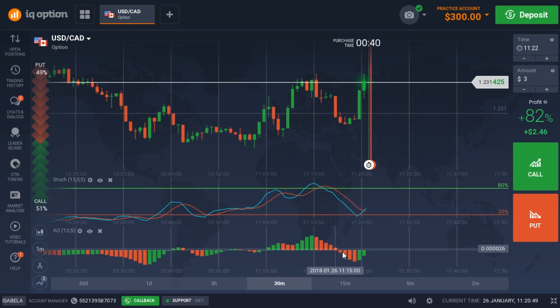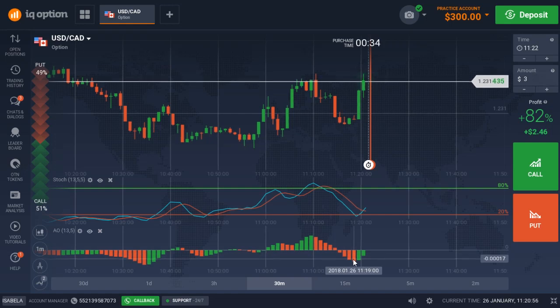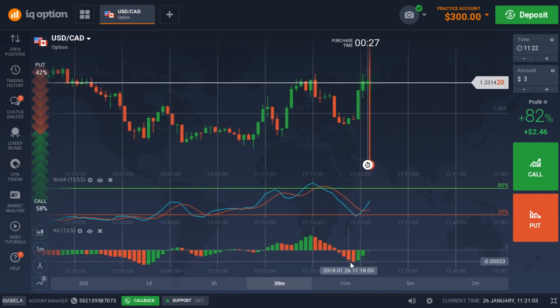Although it is already coming down, when the bars come below the zero line, it's when the signal going down is strongest. Okay? In the same way, the other way around is true.